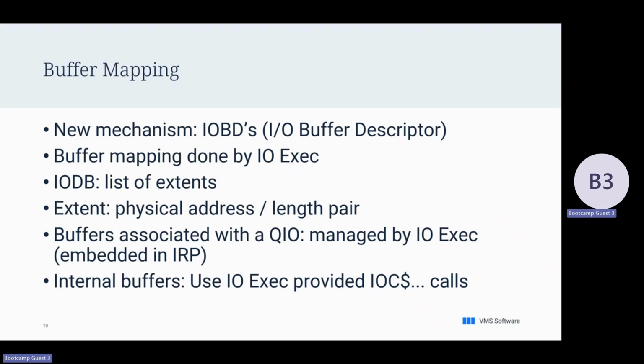If they don't fit inside the space in the IRP, we have space for 4 IOBDs in there, there will be a flag and a pointer to another buffer that then contains them. The point is, you don't even mess with those IOBD entries directly. You use calls that the IO exec provides for that.